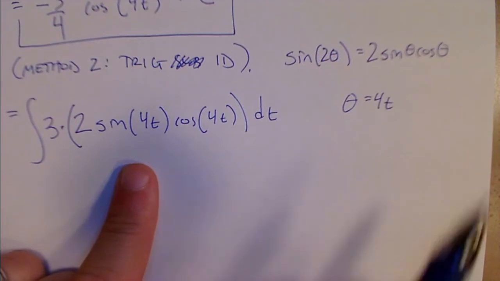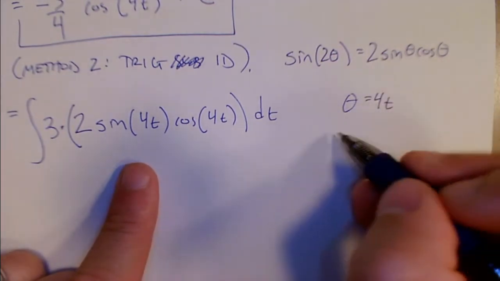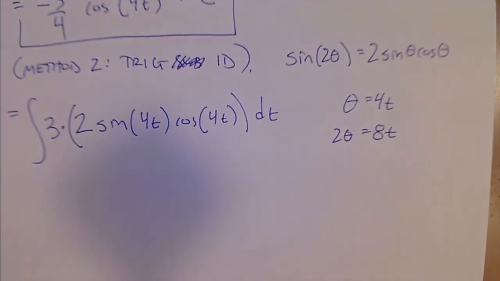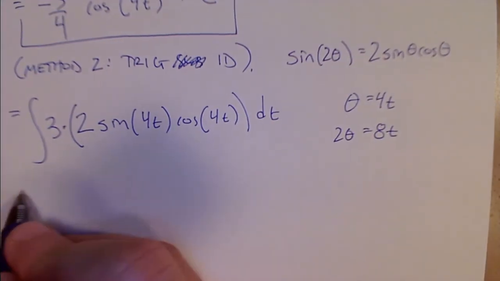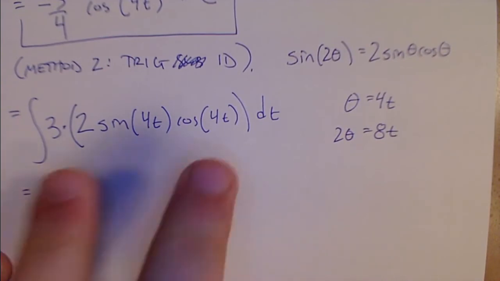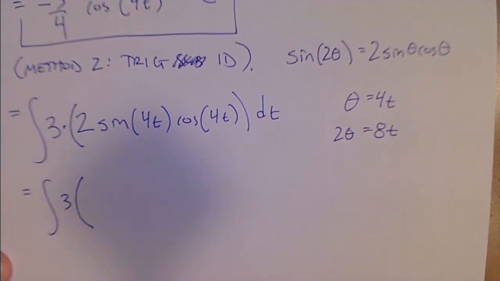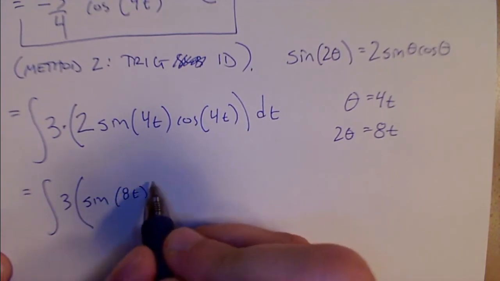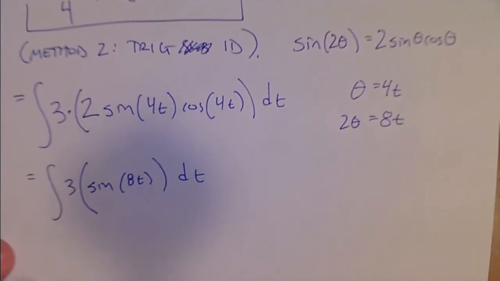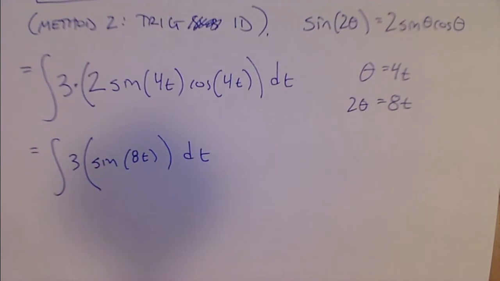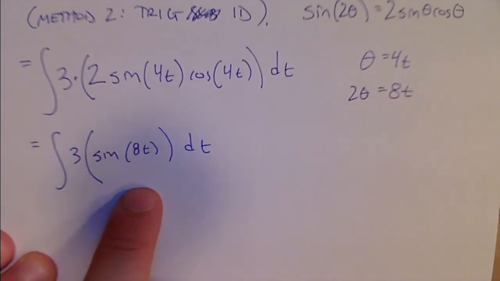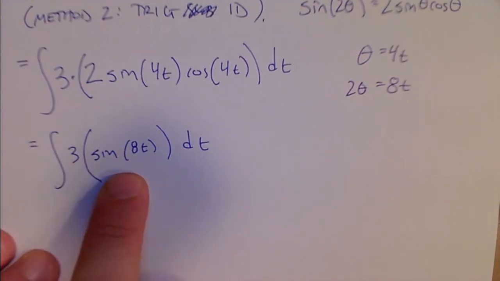And if theta is 4t, then that means that 2 theta must be 8t, like so. And so this becomes the integral of 3 times my double angle, sine of 8t with respect to t. All right? So I make this substitution right here. This is a double angle identity, and that's easy to integrate now.